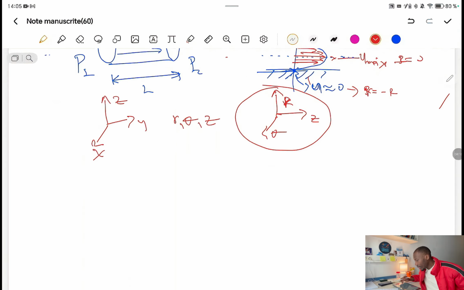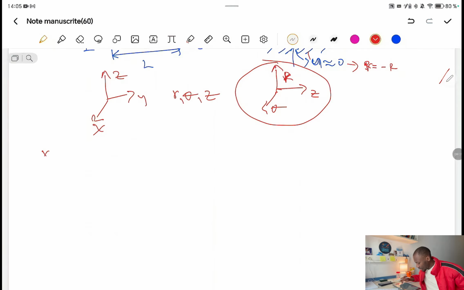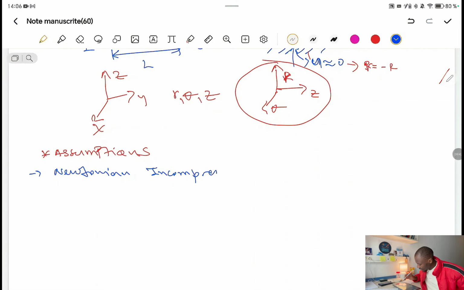Then let's make our assumptions. Let's say we are working with a Newtonian incompressible fluid. For example, it can be water; most of the time we use water as a Newtonian incompressible fluid.